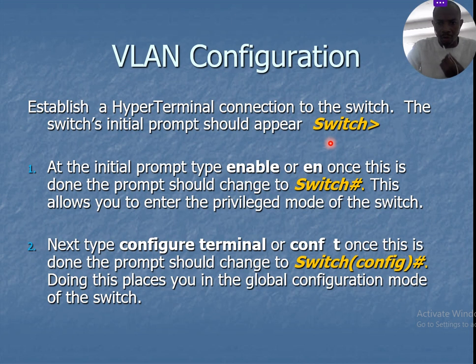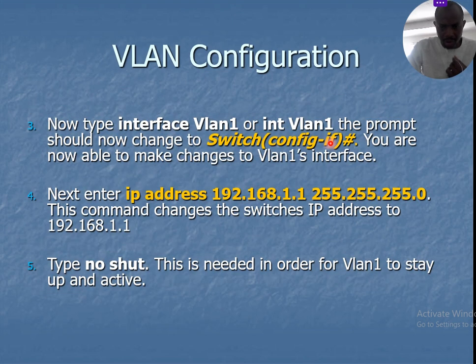Before you can reach switch hashtag, you have to have switch greater than, and then the prompt becomes switch hashtag. Once that is done, you put config T and the prompt becomes switch config hashtag. That's the second step. That means you configure the terminal. The third step is to enter the VLAN interface, interface VLAN 1.